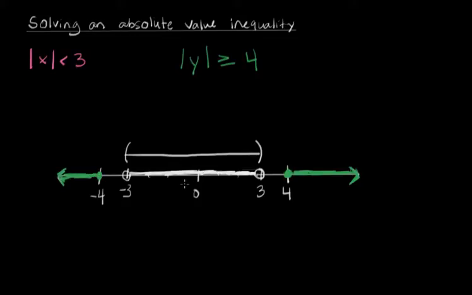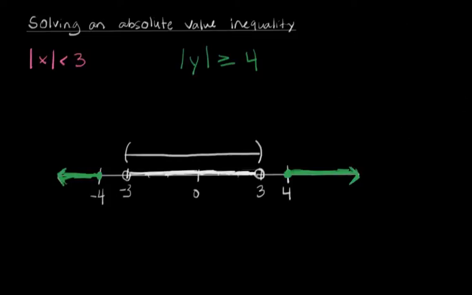So if the absolute value of something is greater than something, it's going to give you 2 separate shaded regions where they each go off to infinity. If the absolute value of something is less than something, it's going to give you 1 region in between.